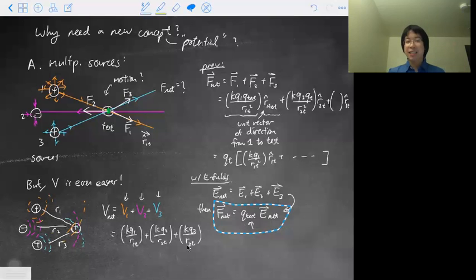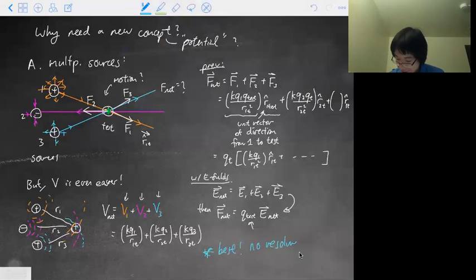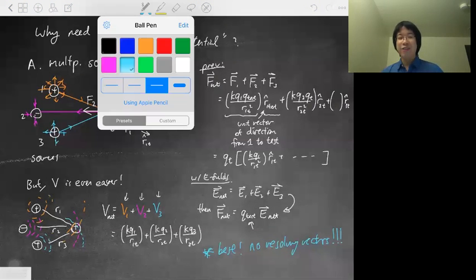So that's the idea. Okay, so here, the key benefit, the best thing over here, is no resolving vectors. We all know how much you love resolving vectors, especially if you did a discussion session on actually resolving forces.